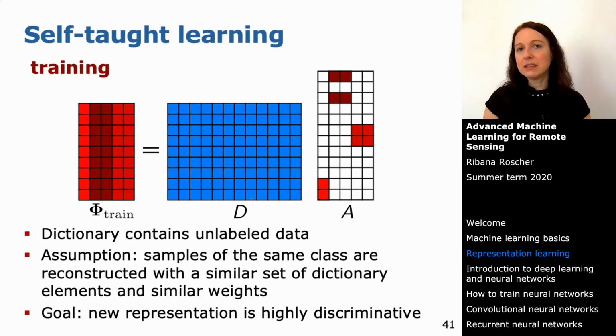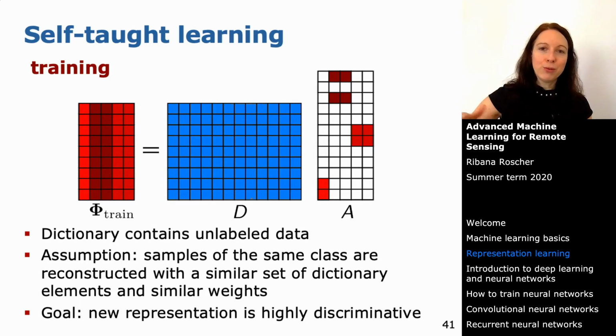What you want is that your new representation is highly discriminative. So the goal is to change the representation. You go from using your original data representation to now using the activations as a new data representation. And of course, what you want is that it's highly discriminative.